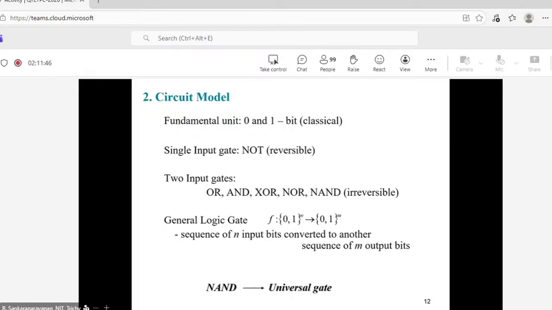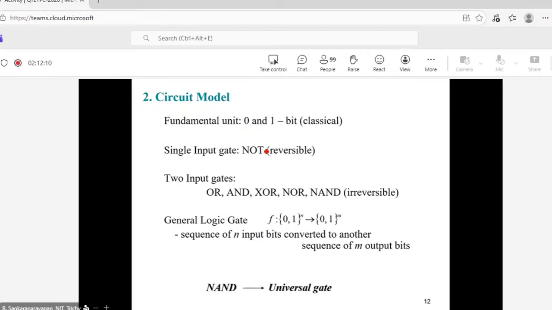These are the fundamental gates, and these gates operate on these zeros and ones and give an output. For 2-input gates, if the inputs are 0 or 1, these are the possible operations you can have. And of course, there is only one single-input gate, which is the NOT gate.